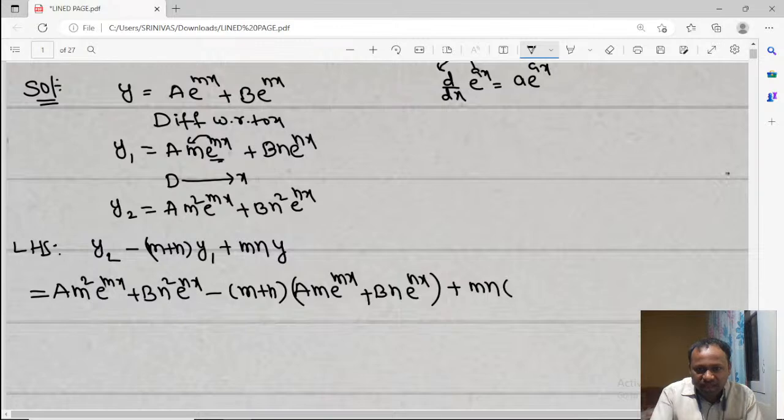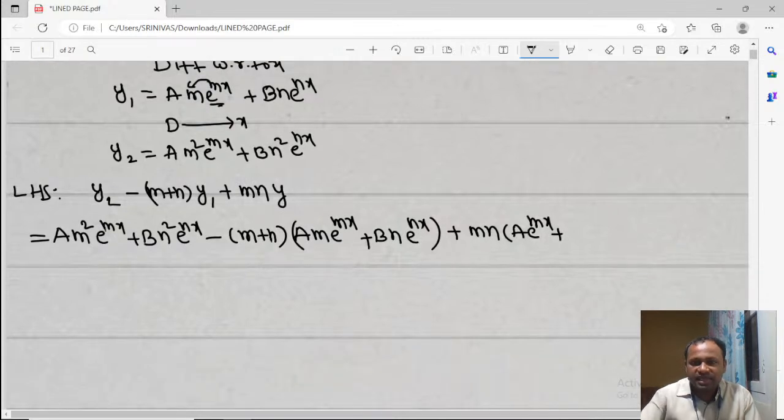What is y? a e power mx plus b e power nx. So by simplifying this, we will get the answer as 0.